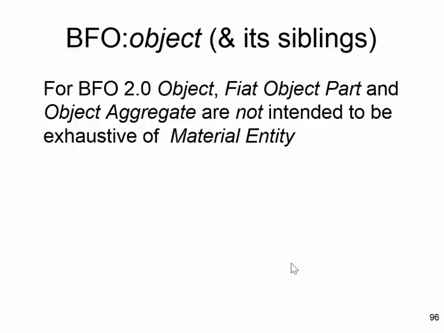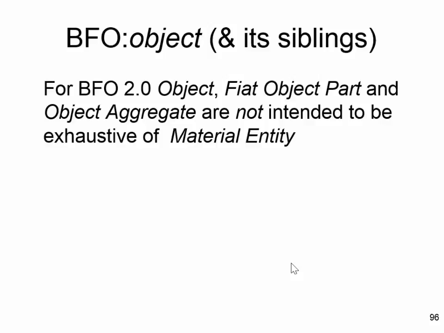So we got to the point where we were talking about objects, Fiat object parts, and object aggregates. Now, I explained that all of these are subtypes of BFO material entity, but they're not designed to be exhaustive. So there could be other subtypes. BFO does not restrict.